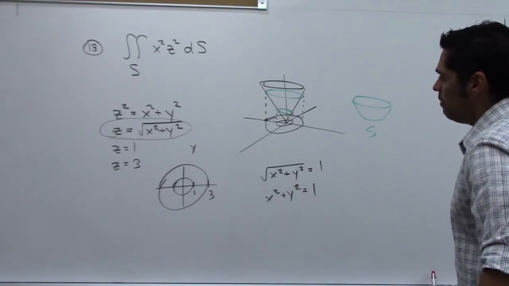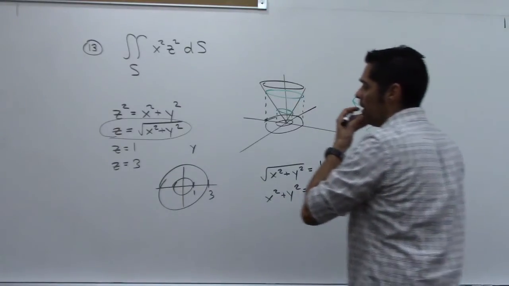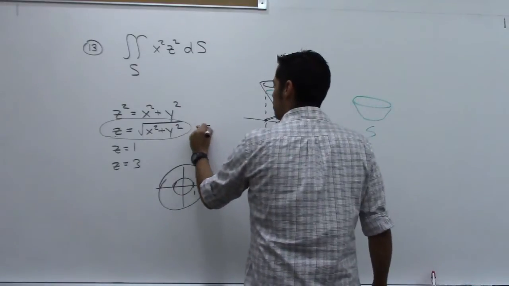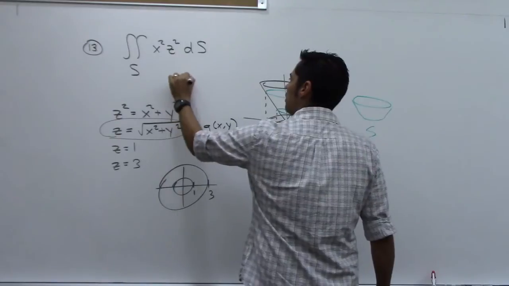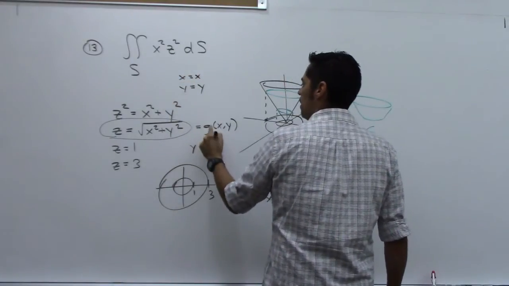I want to see if this is a special case. So can I convert this over? And we can see it is, right? Z is a function of x and y. So this is my g of xy. So just remember that x will be x here, y will be y, and z will be this.